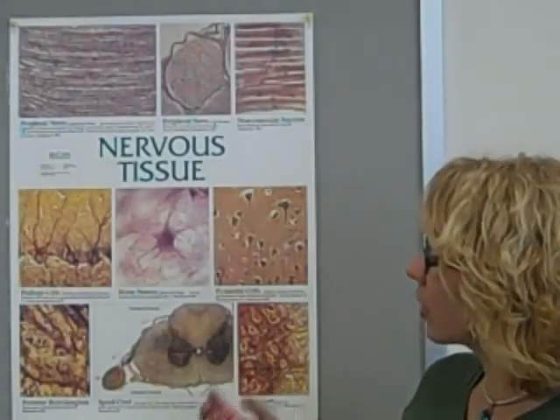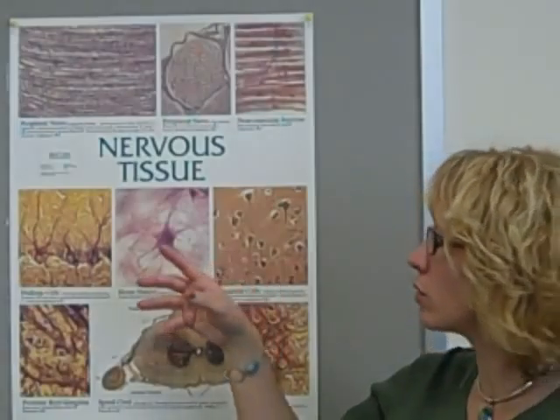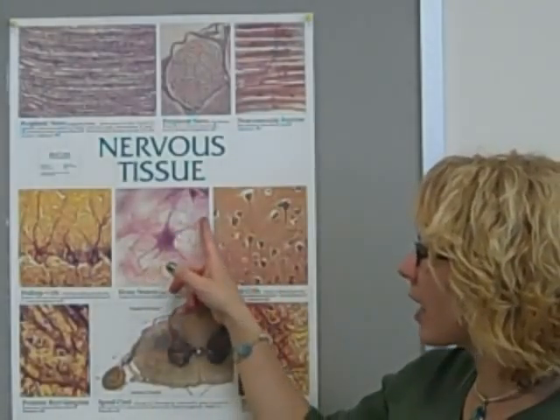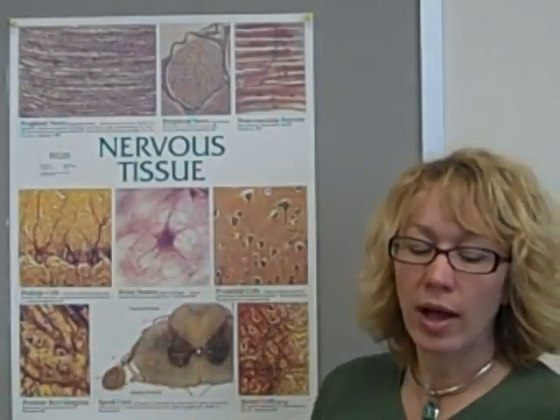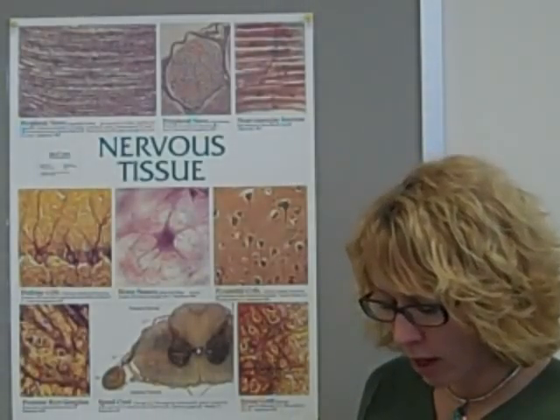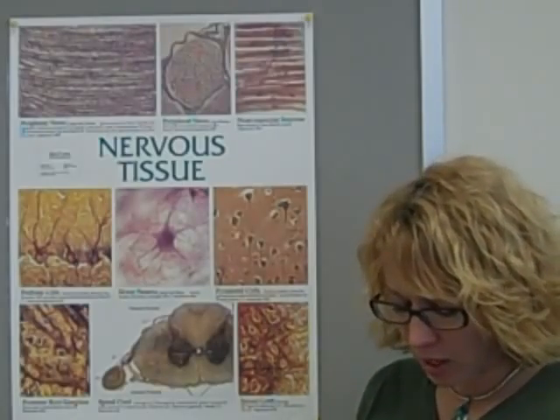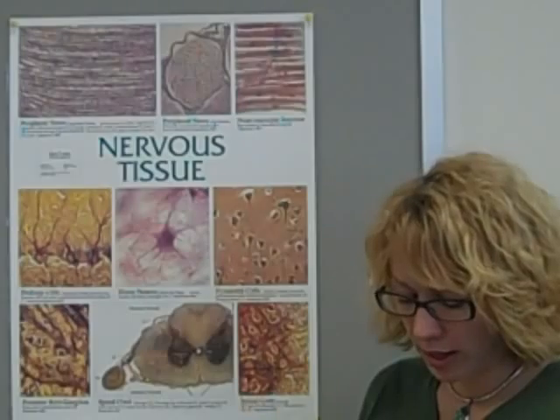So dendrites carrying information towards the cell body will interpret all those signals and send information away in axons. So axon, A-X-O-N, that's going to carry information away from the cell body. And there's a nice diagram numbered with the name in your lab manual so that you can visualize that.